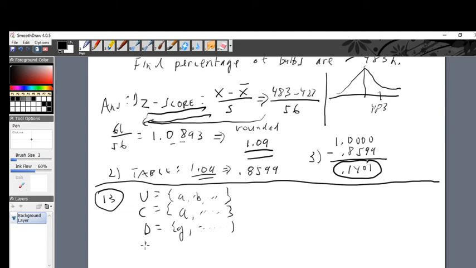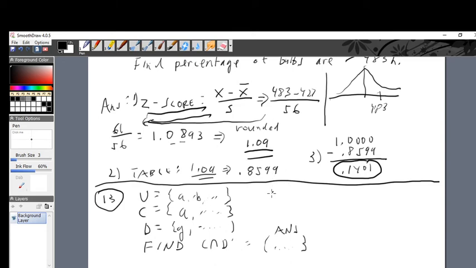And then they ask you to find C intersect D prime. The answer is going to have to be letters.